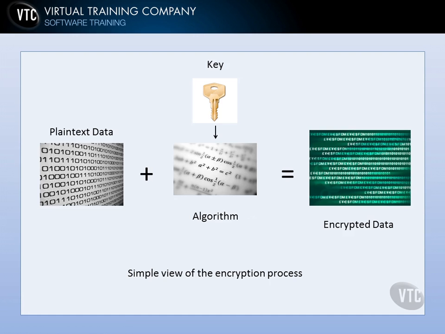So how does this process work? In general, you take plain text data and you feed it into an algorithm. And the key, the variable part, is inserted into the algorithm as well, because there may be places in the algorithm where you need to feed the key in to make changes to the data. Once that process takes place, the result is the encrypted data, or ciphertext as it's sometimes called. Obviously, this is a very simplistic view of the encryption process.